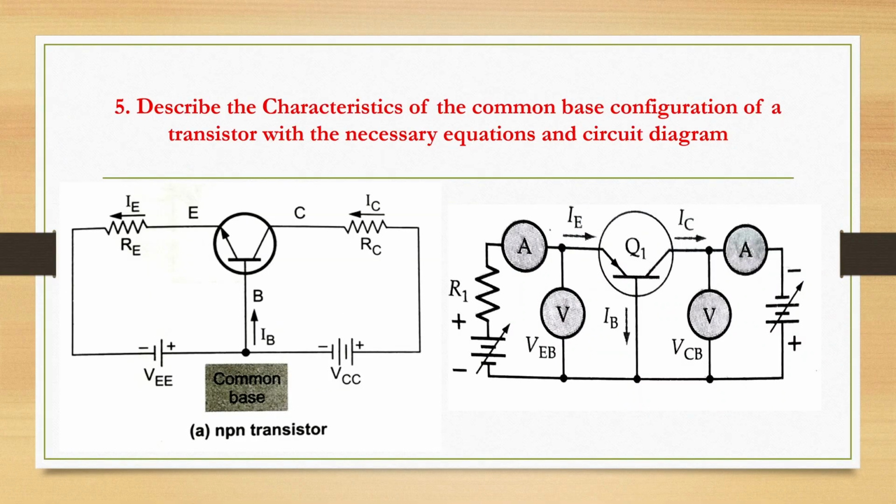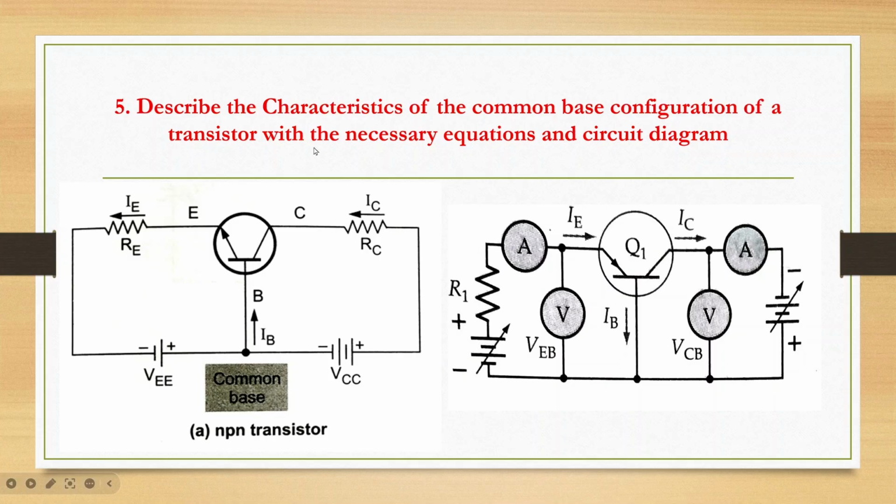That is the configurations of the transistors. The transistor characteristics represent the relationship between the different DC currents and voltages of the transistor.